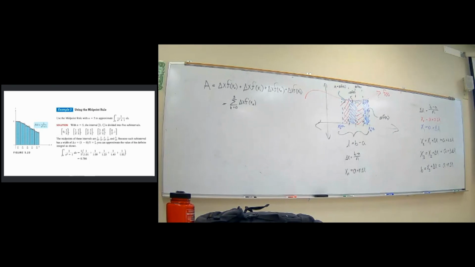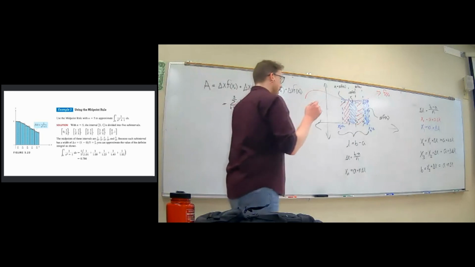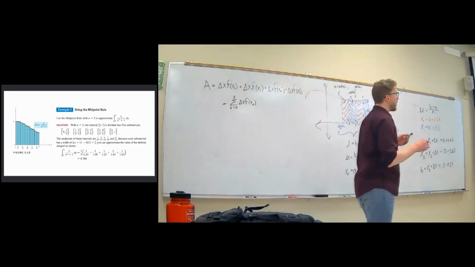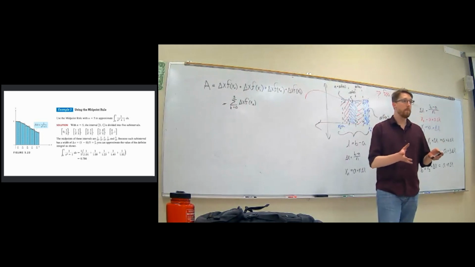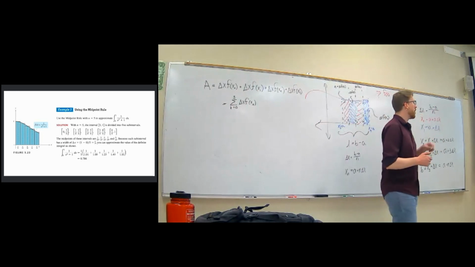Then we pick the middle of each of those subintervals, plug those into our function, right? Add all of those functional evaluations up, so add up our function evaluated at each of those midpoints and then multiply that by delta x. That's going to give us a decent approximation here.